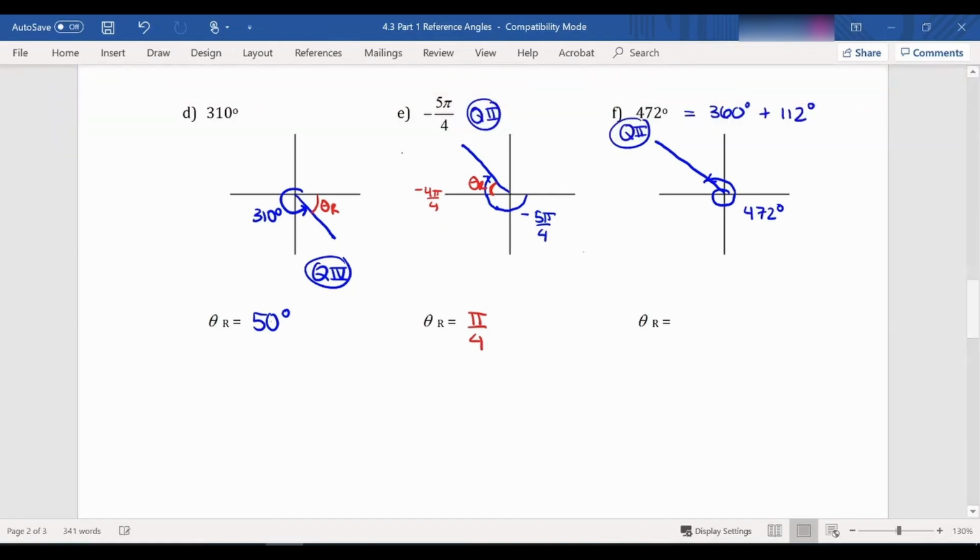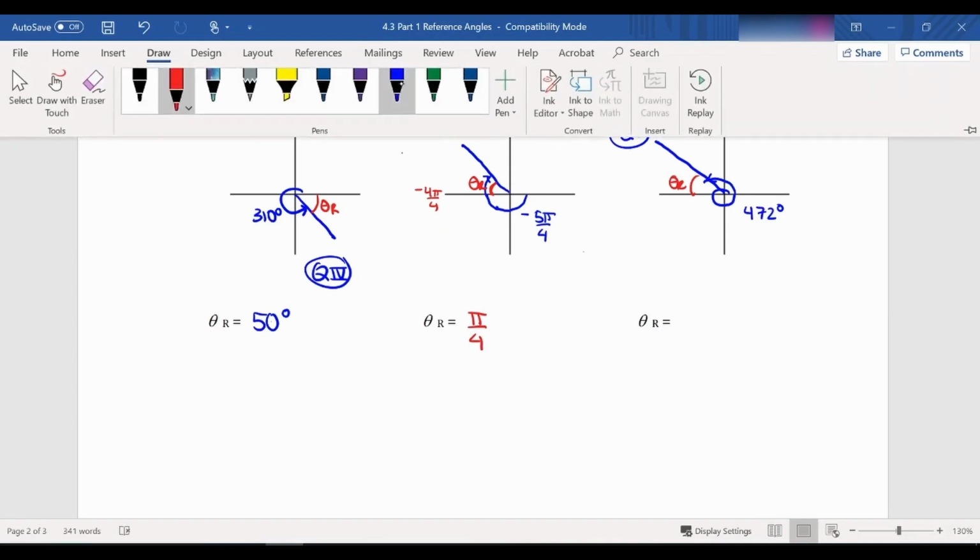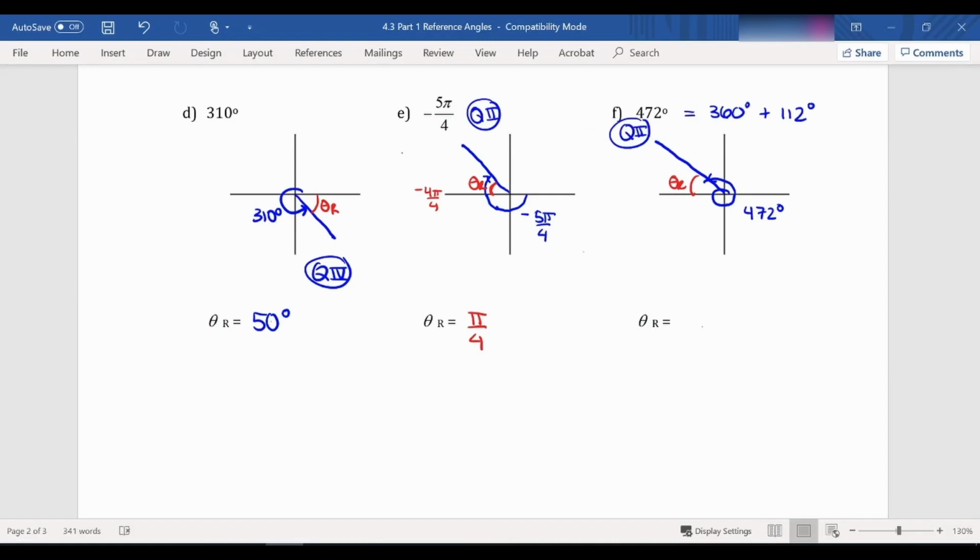Our reference angle would be below that between the terminal arm and our x-axis. And that distance for that reference angle would be the same as saying 180 minus 112, because the 112 was that extra bit. Or how far do I need to go until I get to that x-axis there? And that would be 68 degrees.